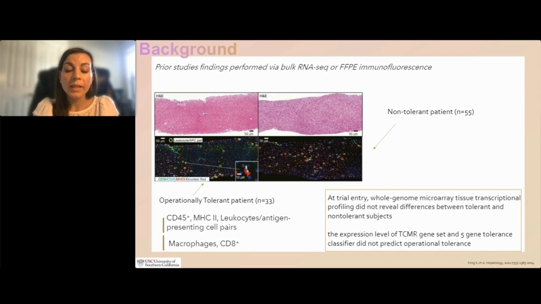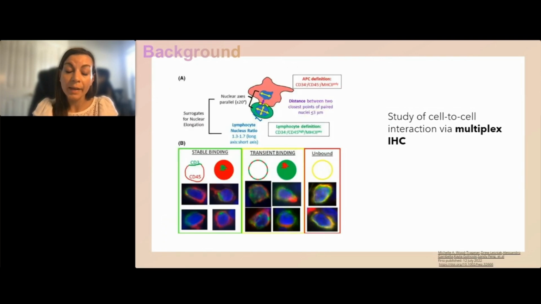Even when they used whole genome microarrays to try to identify a set of genes that can help to differentiate between rejection and no rejection, they couldn't find any. So this is why we need some single cell technology that can help us to better characterize the allograft immune microenvironment.